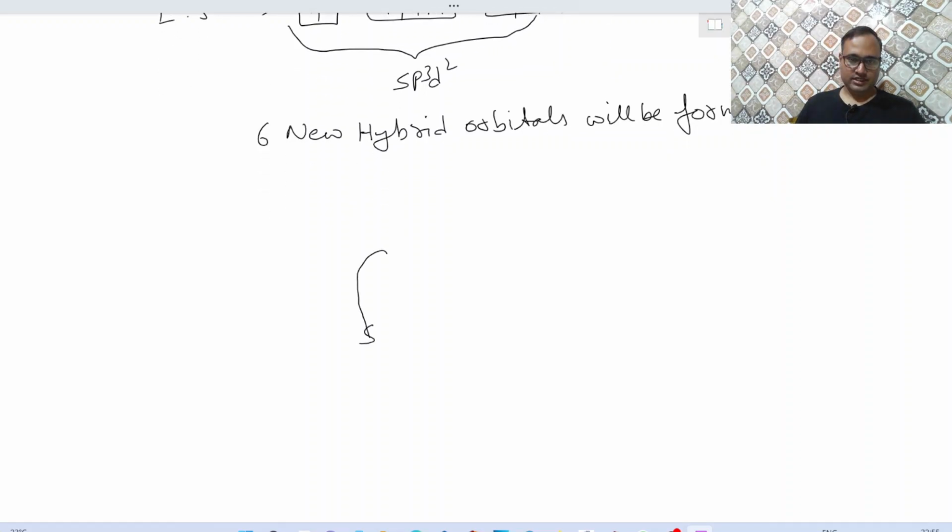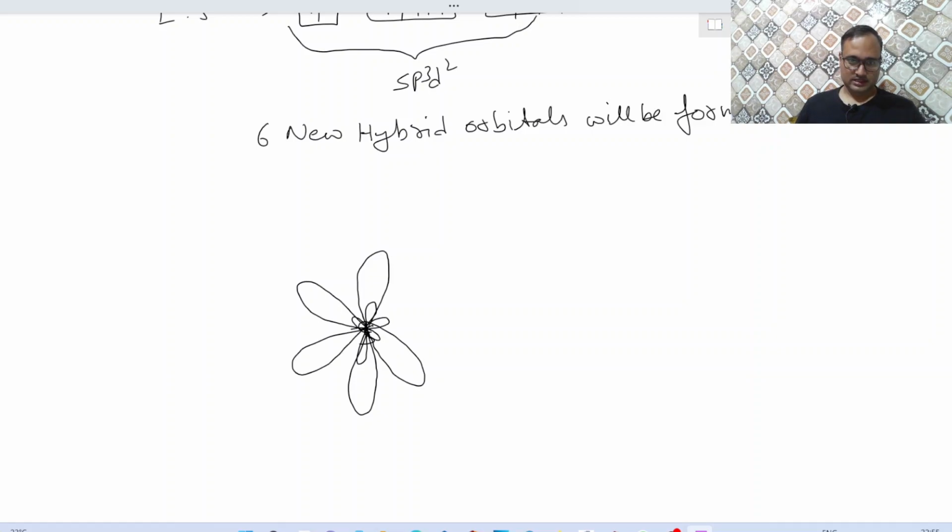So they acquire the shape of an octahedron: one above the plane, one below the plane, and 4 of the orbitals present in the plane.